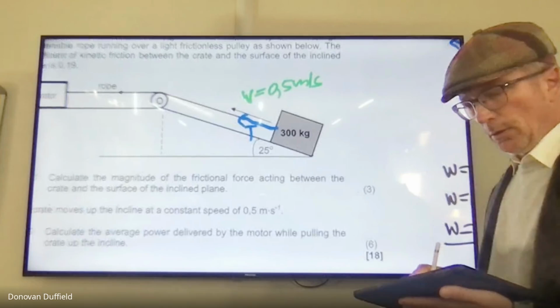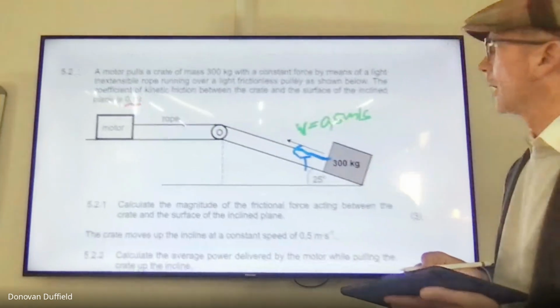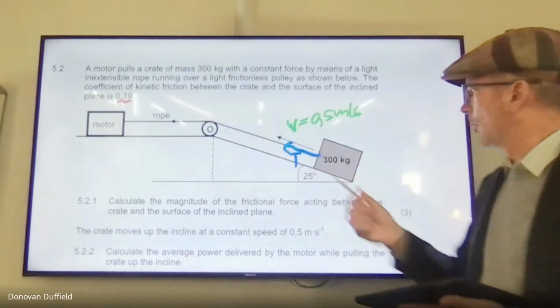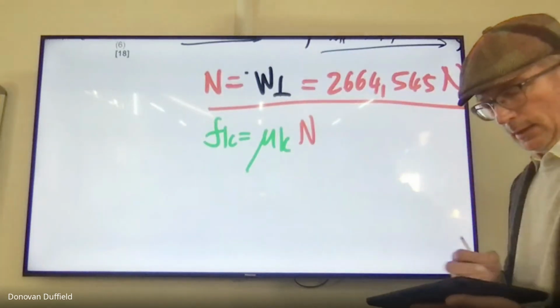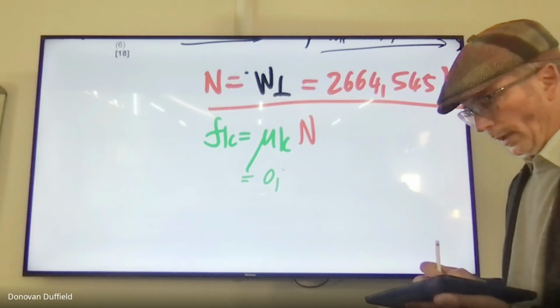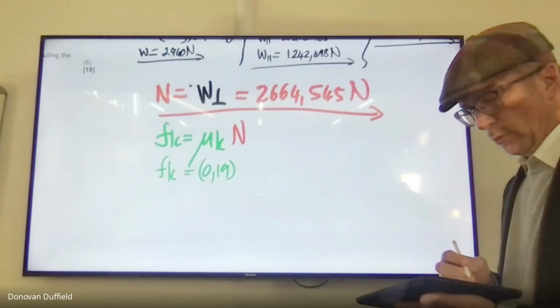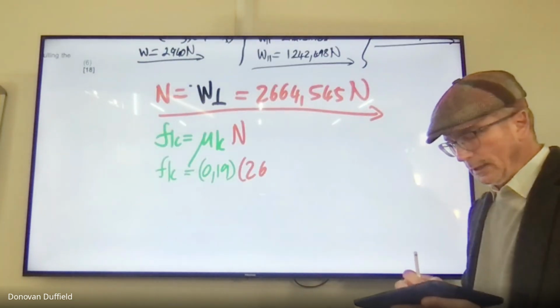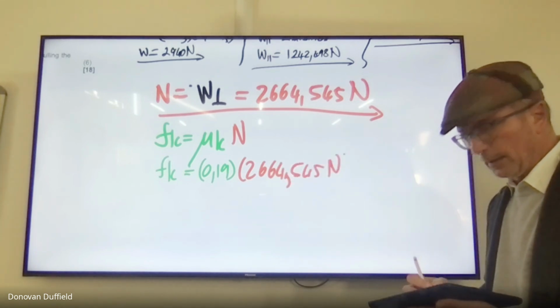We're told that the coefficient of kinetic friction is 0.19. So this is going to be 0.19 multiplied by the normal reaction, which is 2,664,545 newtons.